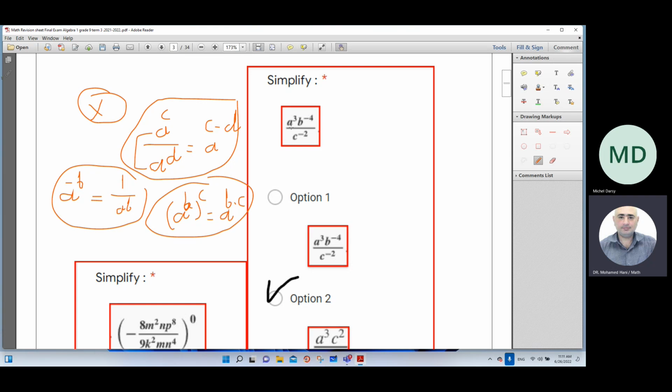The three rules here are important rules to simplify. So for example, here you have a to the power 3, here c to the power negative 2. Here we have a negative exponent, so we can take c up. So rewrite here a to the power 3, then take c up, will be positive. Then you can take b down, because b has a negative exponent, will be b to the power 4.